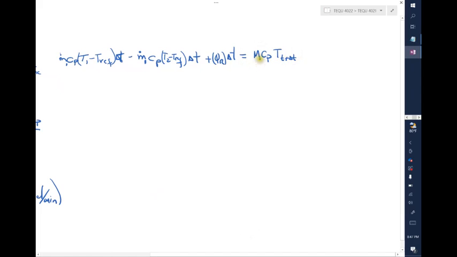Notice that M is a constant, Cp is a constant, only T changes with time.